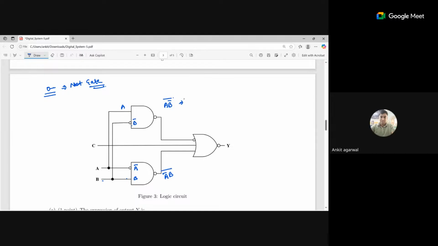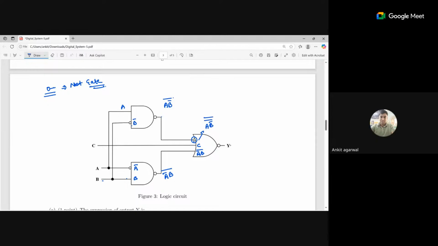Okay, so if we solve with De Morgan's theorem, leave it here. Now here one more bubble is there. So the input for this one is A B bar whole bar from that one, and again one NOT gate, so one complement. Here the input is C, here the input is A bar B whole bar.